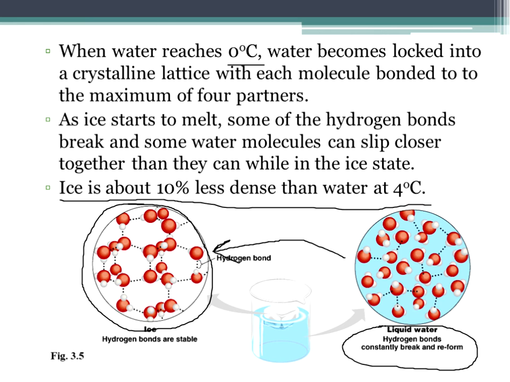So if you put an ice cube in water right now, you can prove it. 10% of that ice cube will be above water. 90% of that ice cube will be below water. Go ahead and try it if you don't believe me. Get a cup or a bowl, put an ice cube in there, and look at the percent of that ice cube that's above water, 10%. 90% is below water because ice is 10% less dense.